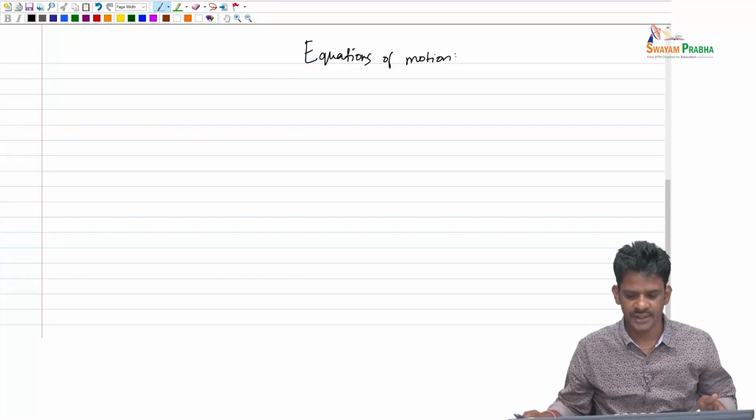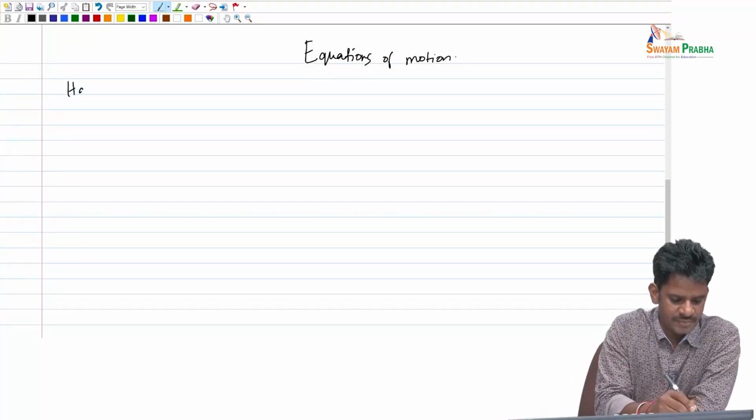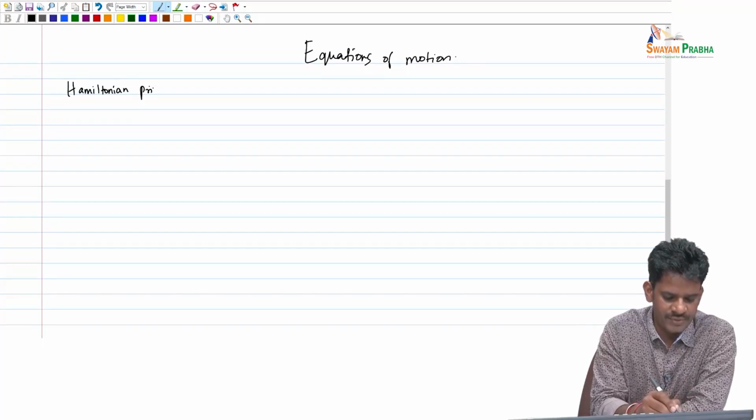To start with, we will first discuss what is known as the Hamiltonian principle. This is the fundamental principle that allows us to derive equations of motion.